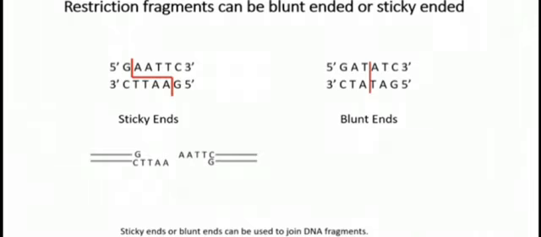So this is the sticky end. So the restriction fragments can be the sticky fragments, or sometimes they can be blunt ended, that is GATATC, and then we have CTATAG, 5 prime to 3 prime direction.